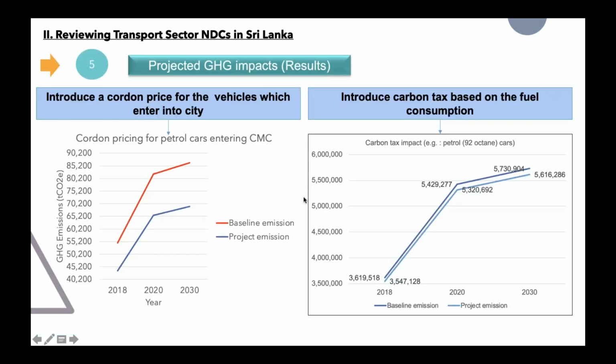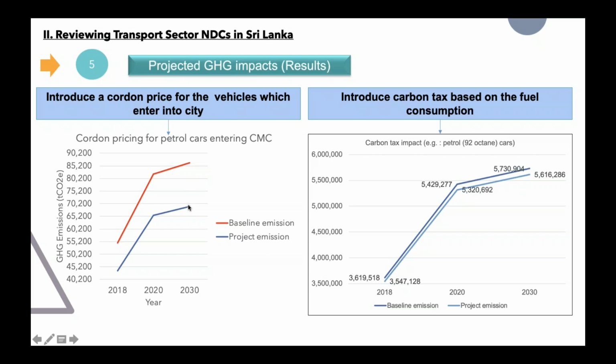In terms of the results, when we apply a cordon price, we applied it only for one of the major cities, which is the Colombo Municipal Council. Without the cordon price, that is, a tax when a vehicle enters the city, the emissions due to those vehicles by 2030 would be around 85,000.